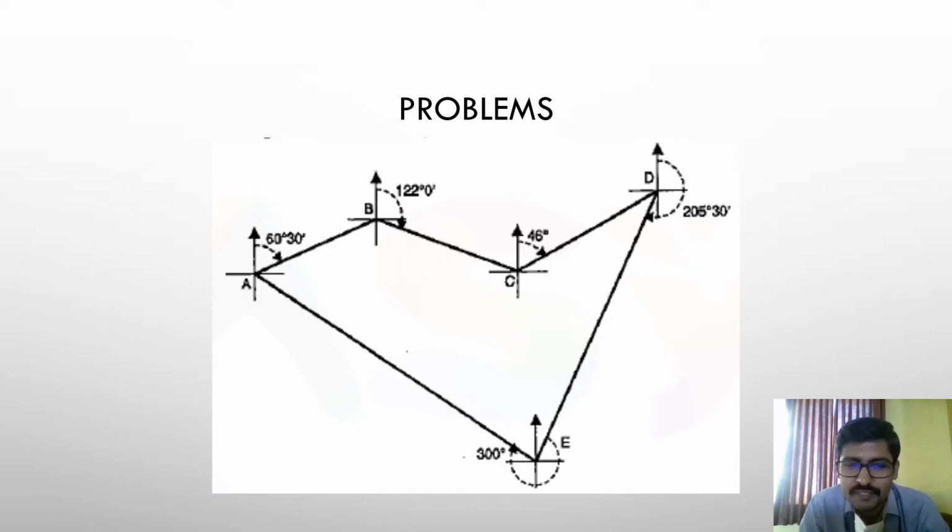A, B, C, D, E is a closed traverse, and inside or interior to the whole diagram, the angles that you will be able to see will be called interior angles. So you are supposed to find out those interior angles.